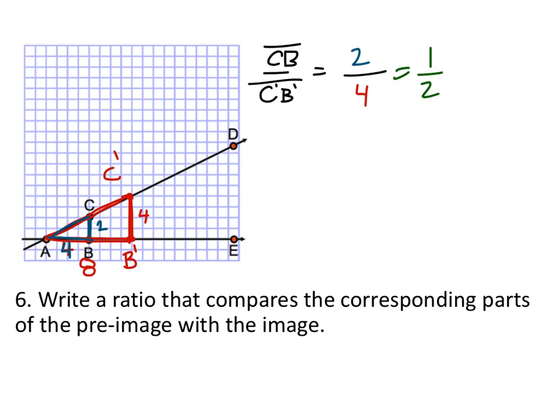On the other hand, if we compared AB line segment to its corresponding side of AB prime line segment, then let's see what we get on that. So AB is 4, AB prime is 8, and when we simplify this one, we also get 1/2.